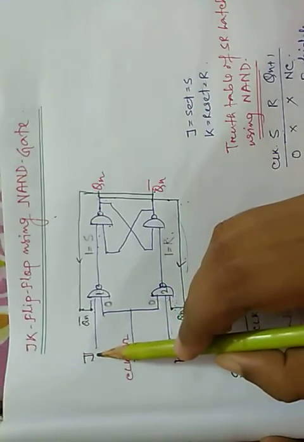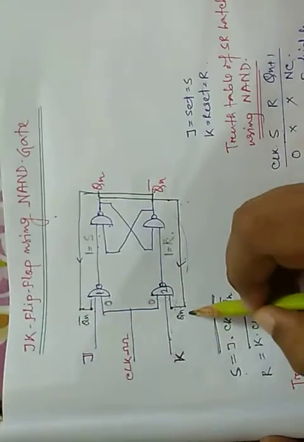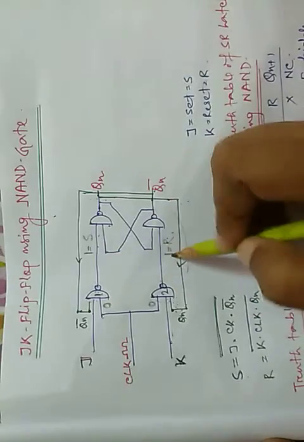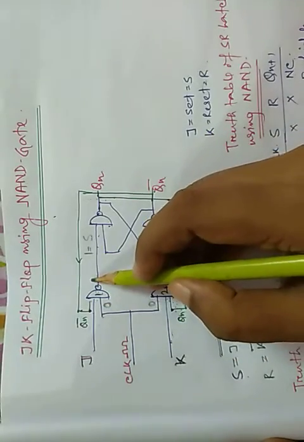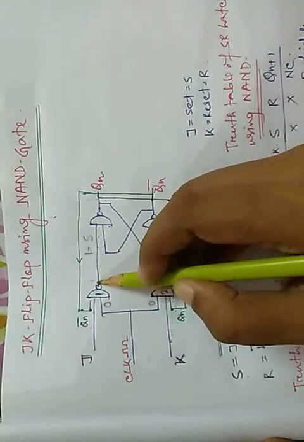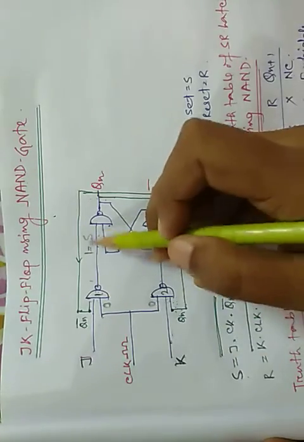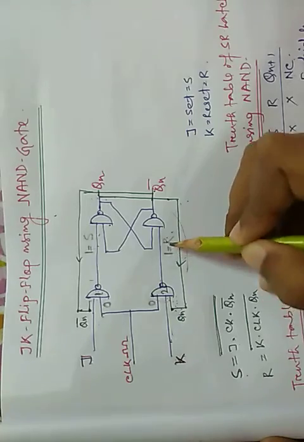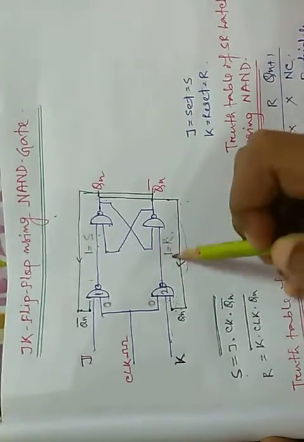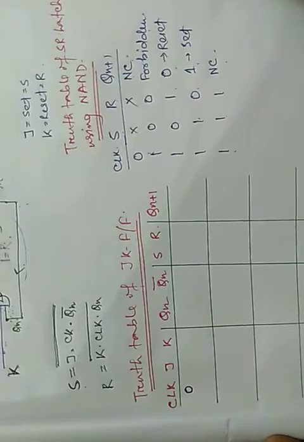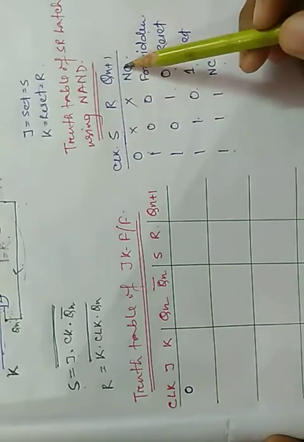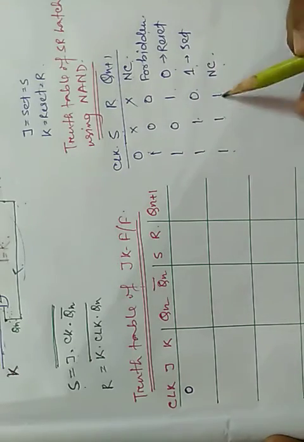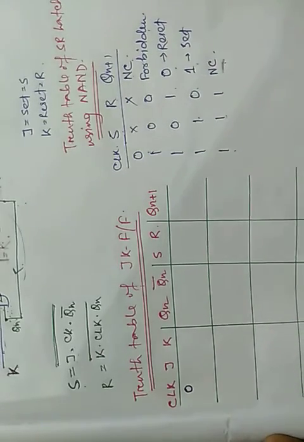For any NAND gate, we know that if one of the input signals is 0, whatever be the value of J, Qn bar, K, Qn, the output, S and R, both equal 1, because the output of gate 1 is fed as an input of S and the output of gate 2 is the input of R. So S value and R value both are 1, and you can see in the SR latch, when both are 1, the output is no change.